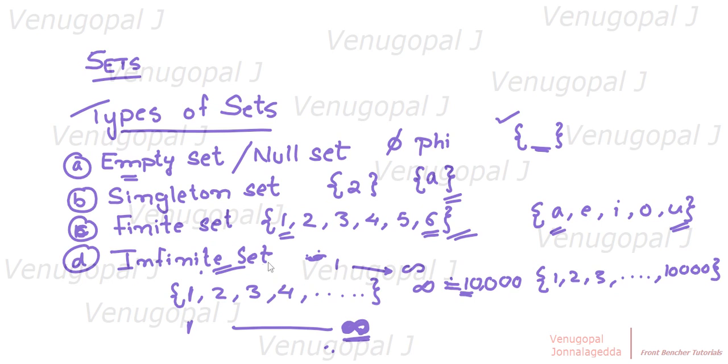So there are different representations for empty set, singleton set, finite and infinite sets. So let's see if we can put more examples for all these. Let me just rub this off.